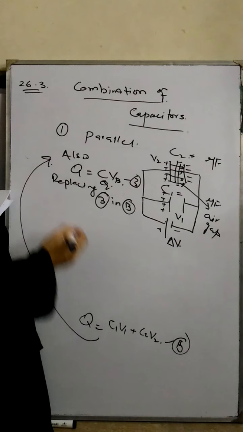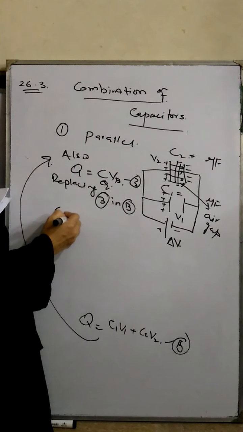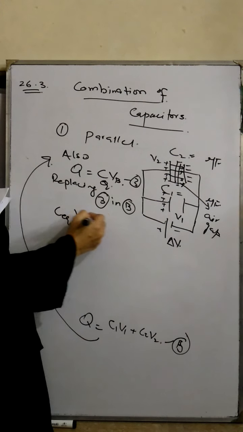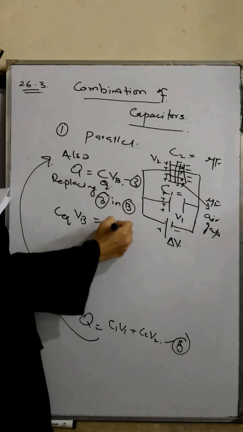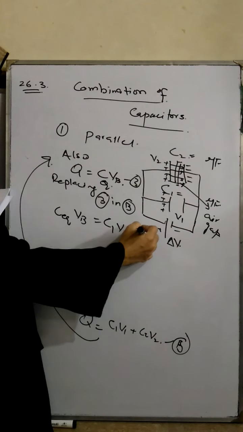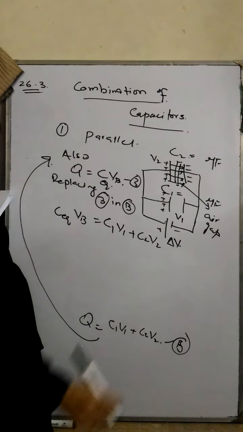So the B is, I have C equivalent VB equals to C1 V1 plus C2 V2.